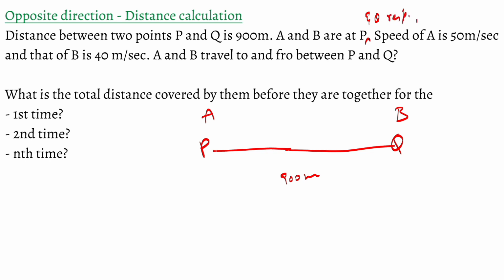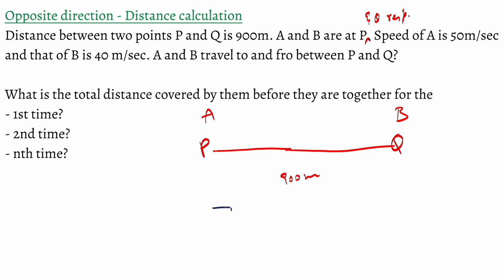So speed of A is 50 meter per second and that of B is 40 meter per second, and A and B travel to and fro between P and Q. And what's the total distance covered by them before they are together for the first time?